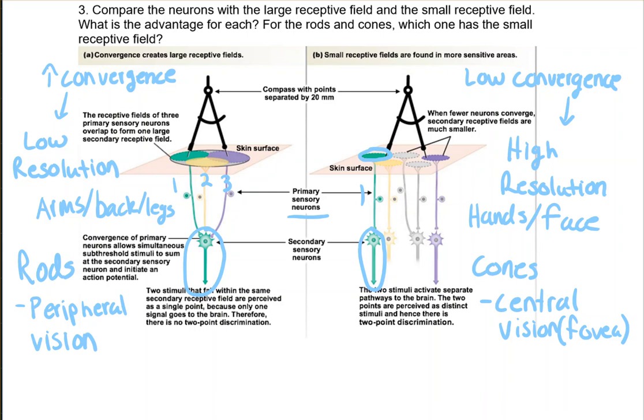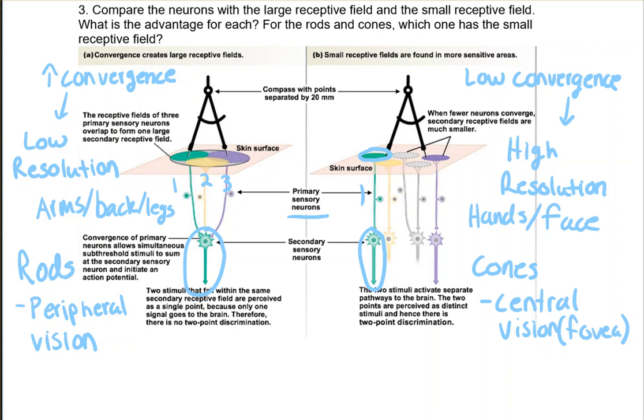So, in our peripheral vision, we have very low resolution. The best example of that is you can't read with your peripheral vision, right? You can see things in your periphery, but you can't actually identify detail in it. Like if there's words in your peripheral vision, you could maybe identify that those words are there, but you wouldn't be actually able to read it. Whereas you can read with your central vision, your fovea.